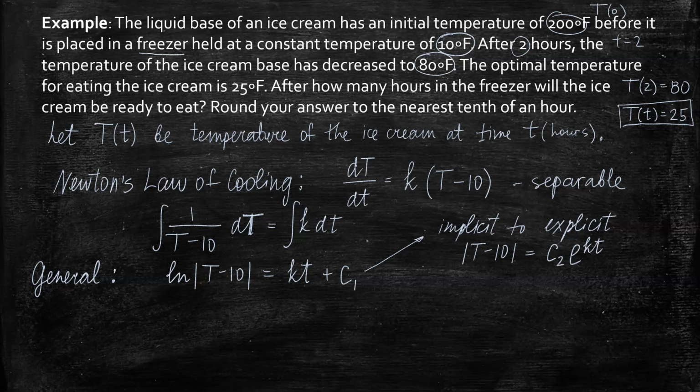And we can get rid of the absolute value and add 10 to both sides. And instead of C2, we can write C3. And here's our explicit solution. So we're going to write it explicitly like this.